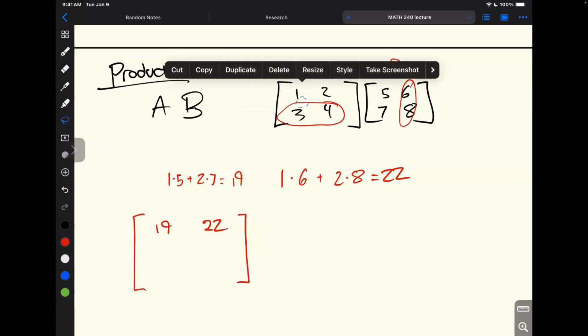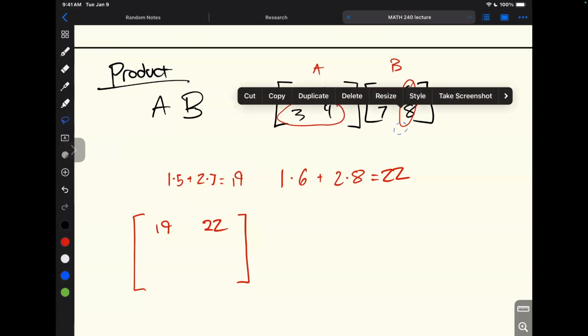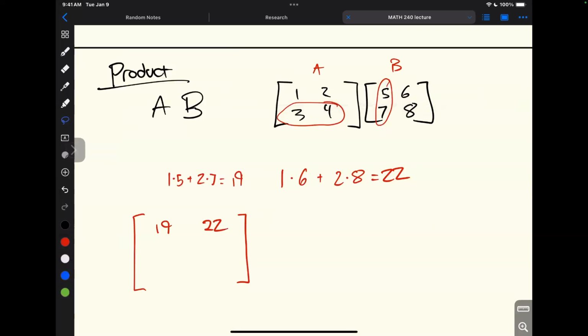So we'll move on to row 2 of matrix A, and we'll reset to look at column 1 of matrix B. And we do the same thing again. So we ask, what is 3 times 5 plus 4 times 7? 3 times 5 is 15. 4 times 7 is 24.